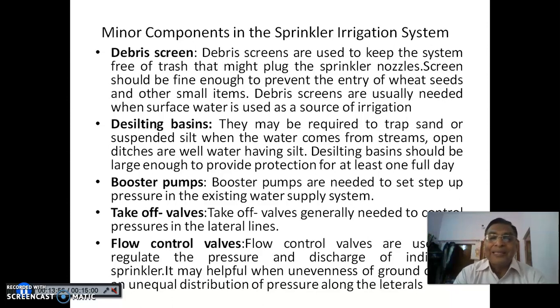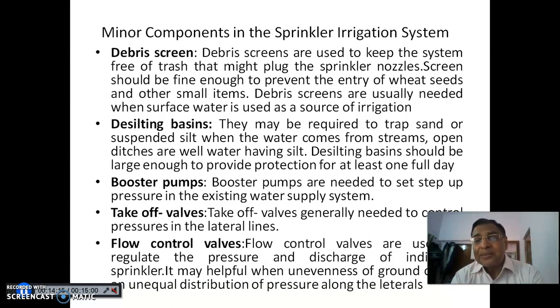Desilting basins should be large enough to provide protection for at least one full day. That means one day's usage of water should be stored after desilting it. That is very important.